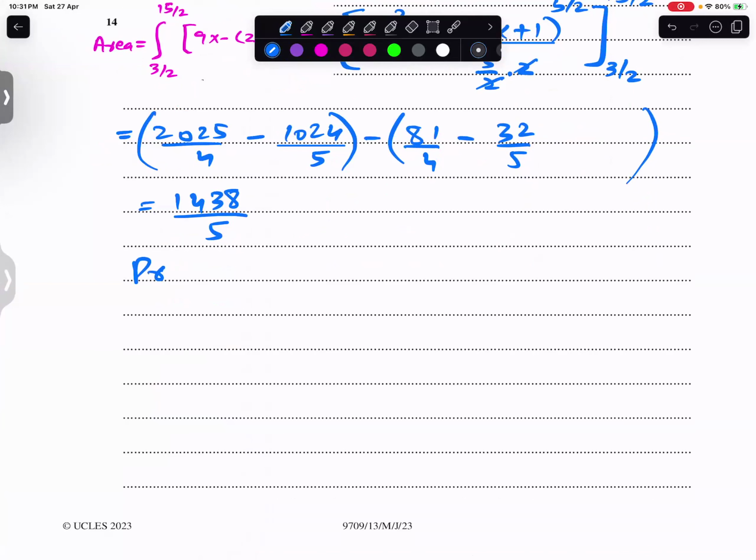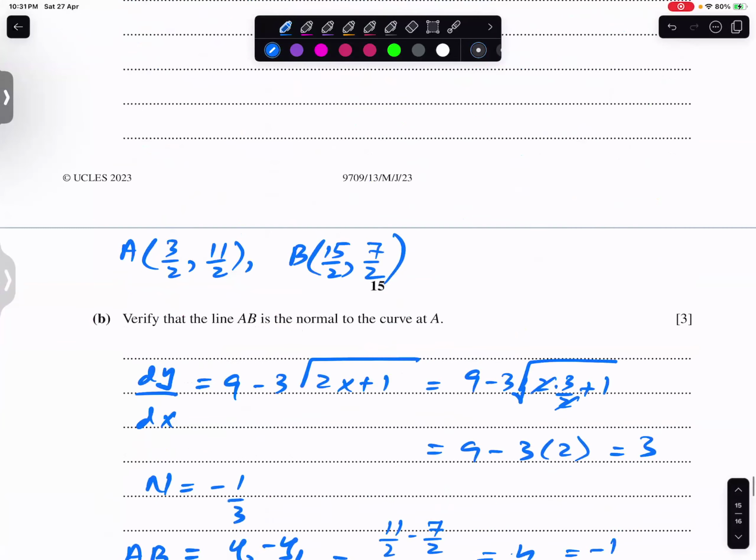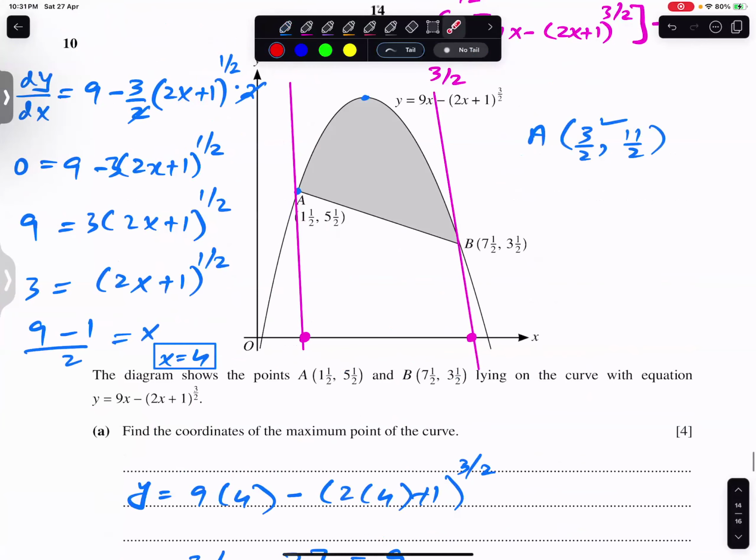Now the prism. Half of the sum of parallel sides. The parallel sides are these heights. The first height is 11 over 2 and the second height is 7 over 2.